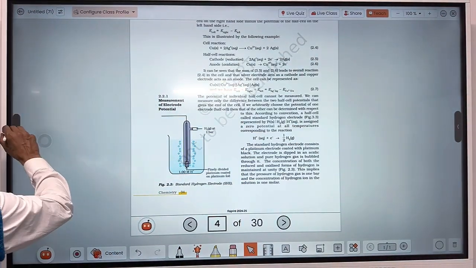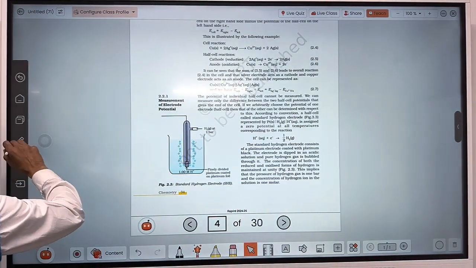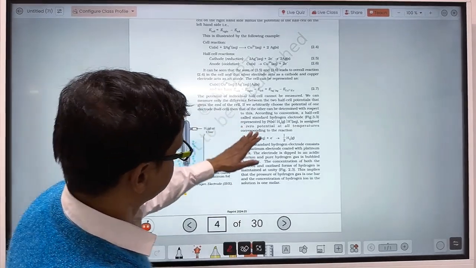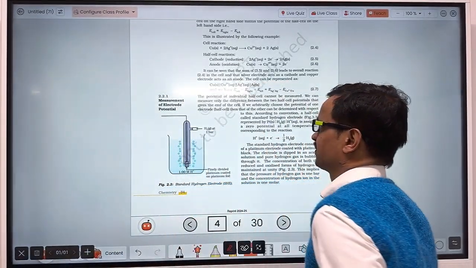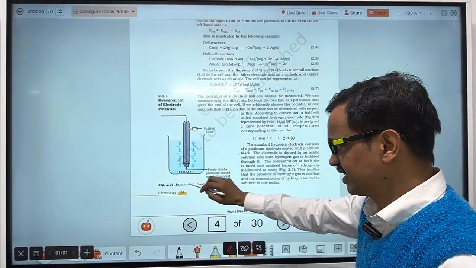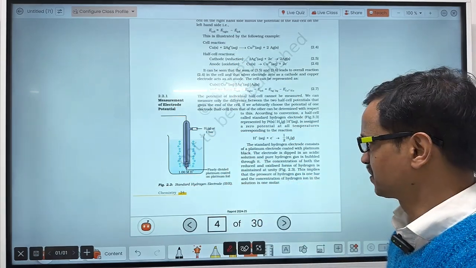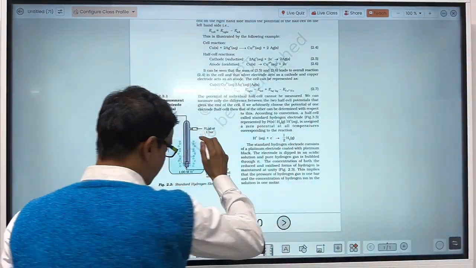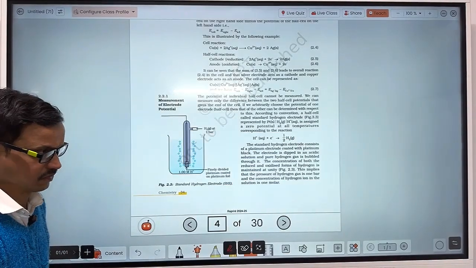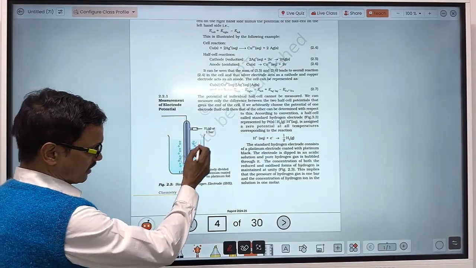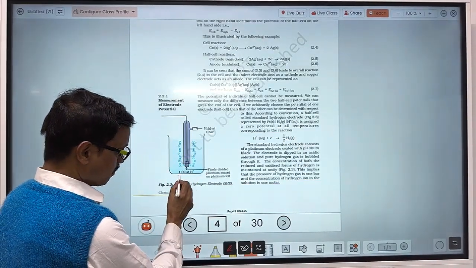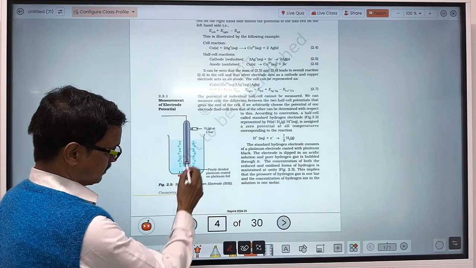We measure it by the hydrogen electrode, and the standard electrode potential of hydrogen is considered as 0. What's the construction of this hydrogen electrode? There is a vessel, in which 1 molar HCl has been taken.